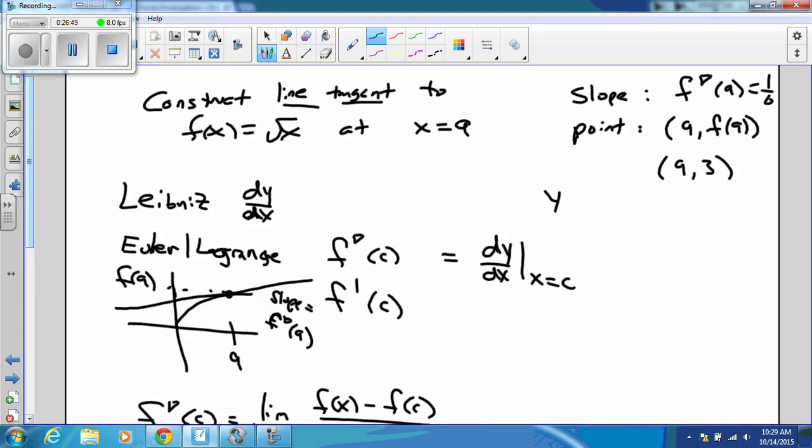Y minus 3 equals 1 over 6 times x minus 9. It's a little slow on that one.